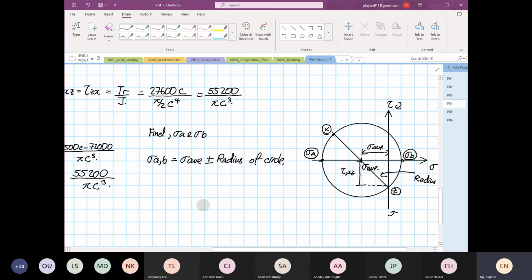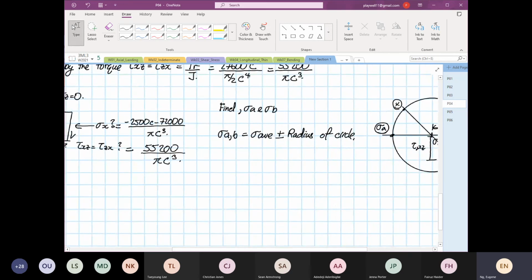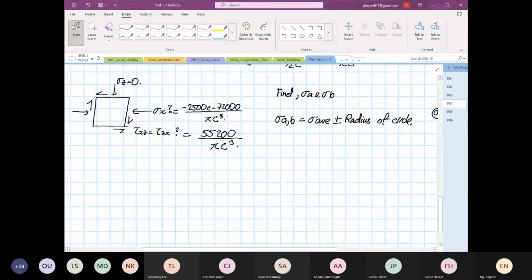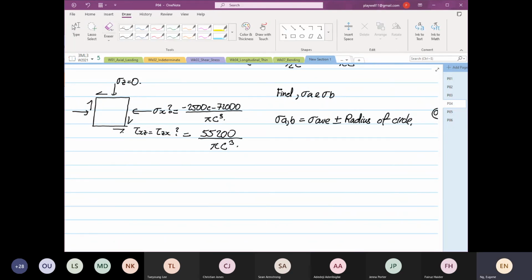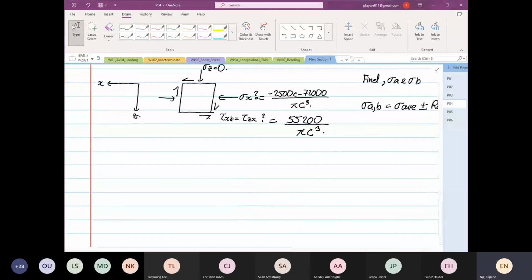So we're going to find the average stress, so we're going to determine the center of the circle. This part is straightforward now. The center of the circle, which is our average stress, is equal to stress X plus stress Z divided by 2.